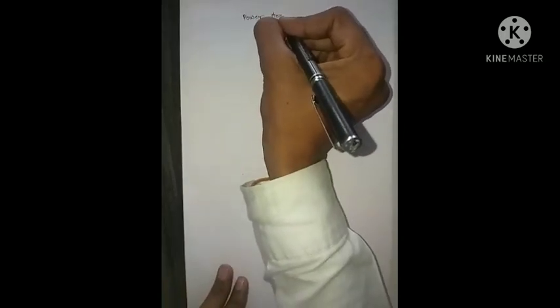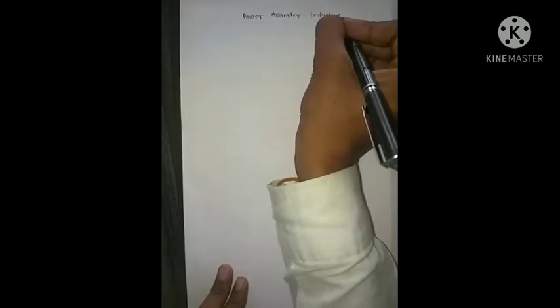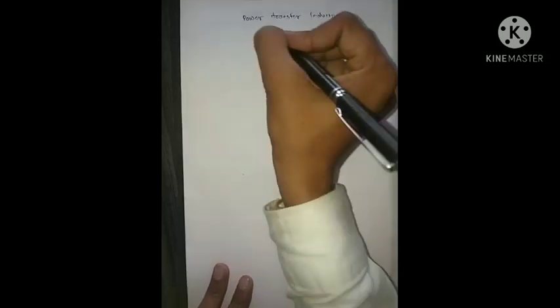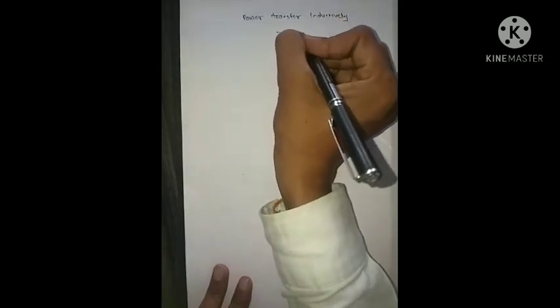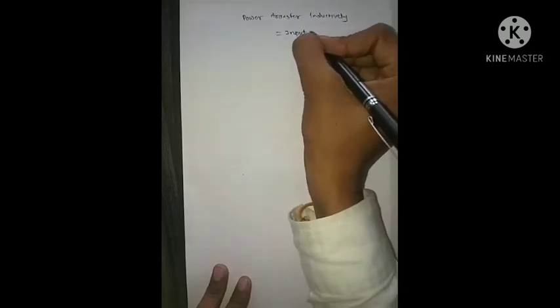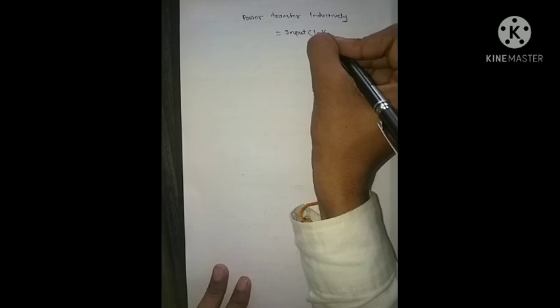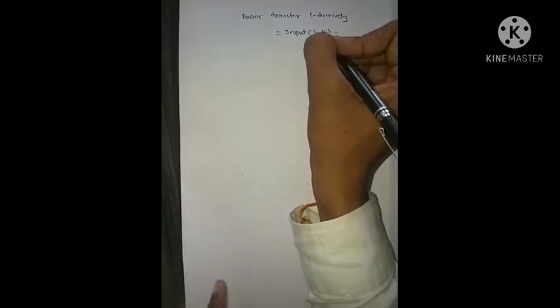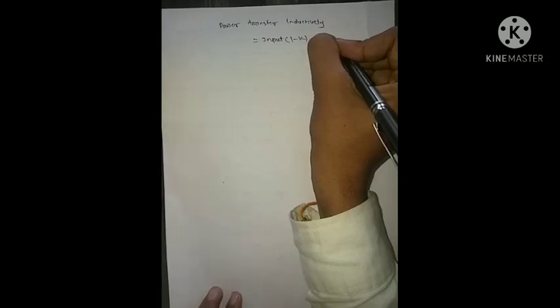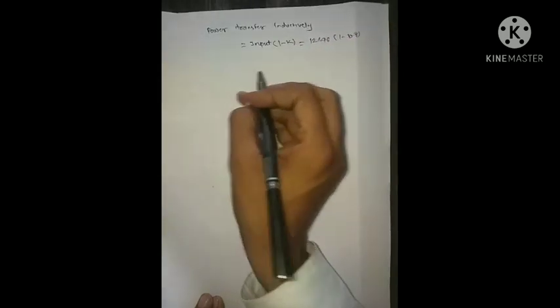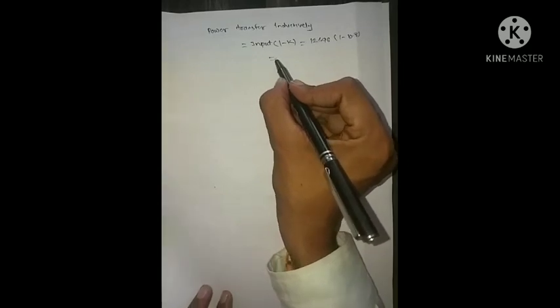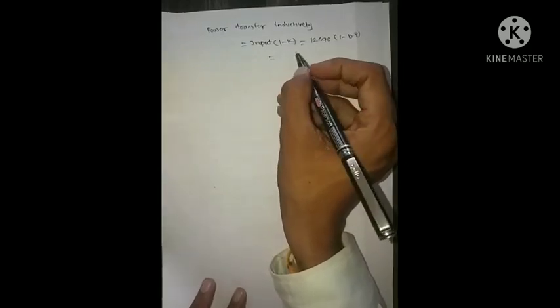So power transfer inductively equals to input into bracket 1 minus k, equals to 12.496 into bracket 1 minus 0.8, where K is our transformation ratio.